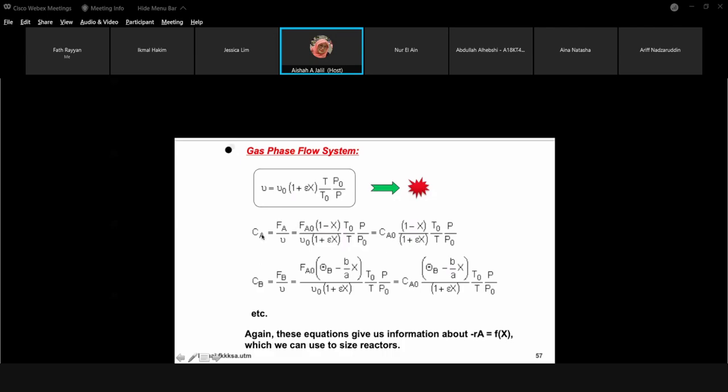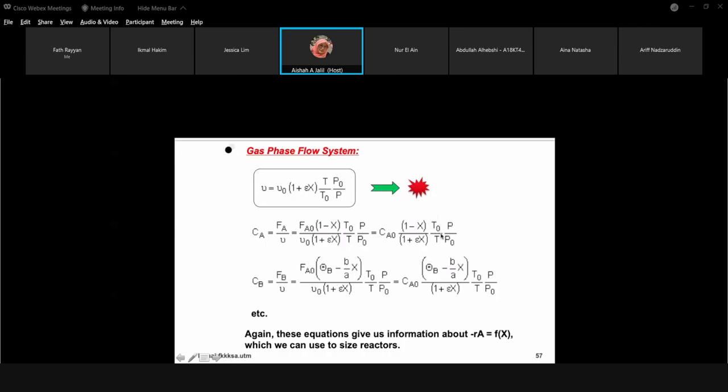This is for the gas flow system when you want to express CA and CB in terms of X. You cannot forget about this term. If the system is isothermal, there is no change of T, so you remove it. If the question mentions isobaric, you can ignore the pressure term.